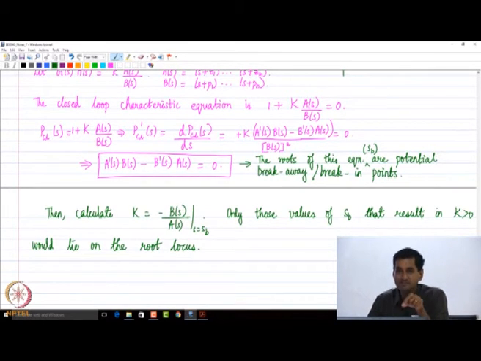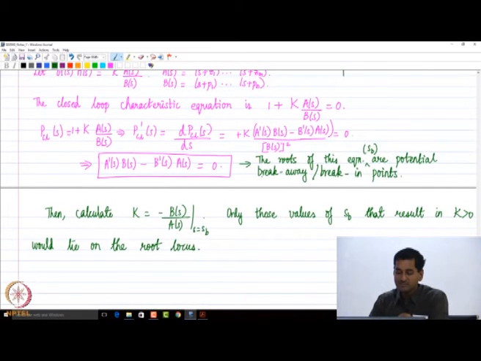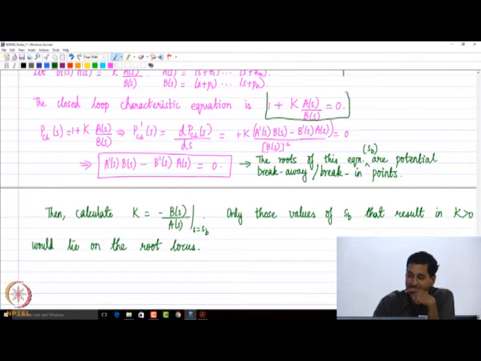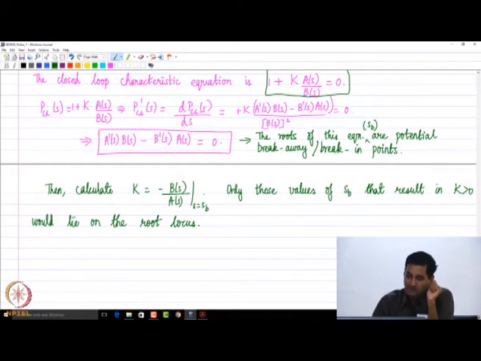First you solve this equation, then you find the corresponding values of k. How did I get k equals minus b(s) divided by a(s)? From the closed loop characteristic equation, right? You just rearrange the terms and you get an expression for k. So we need to do both these steps. Is it clear? So now let's come to our example.